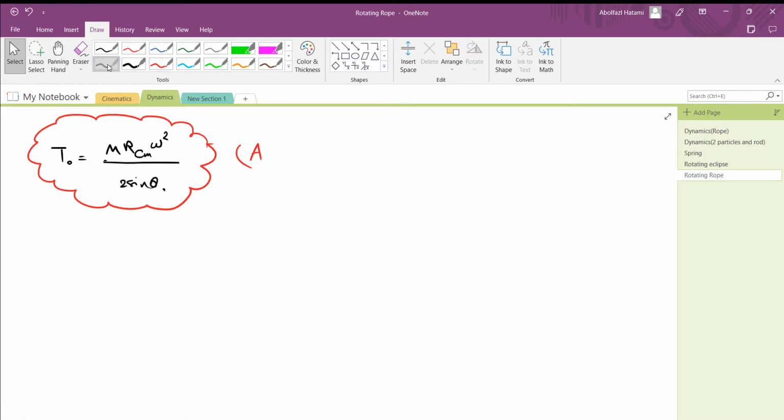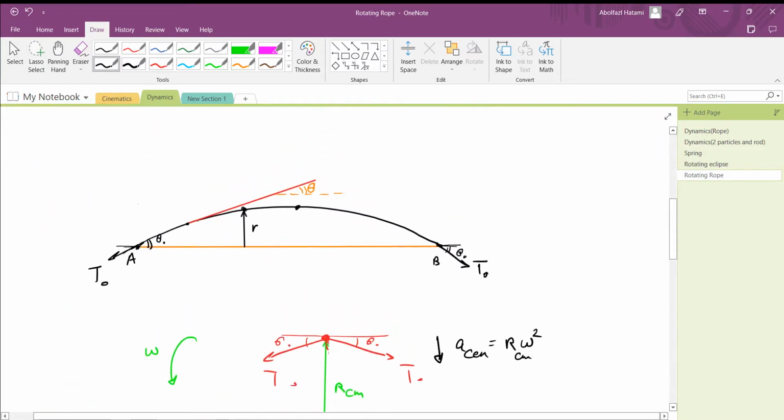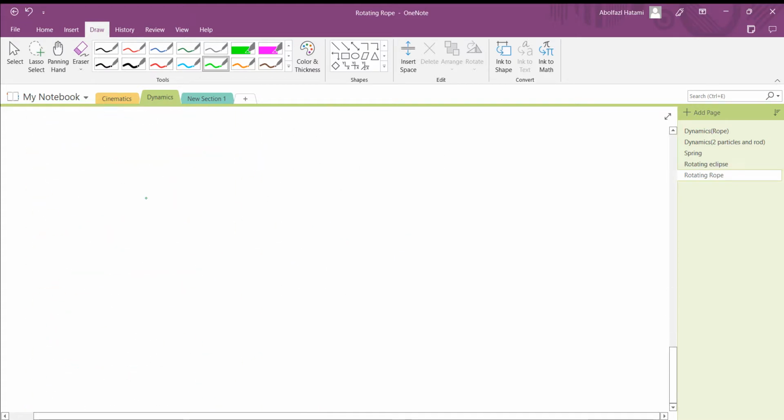You can, for example, consider this small part of the rope. Let me change the color, for example, green. Take this small part of the rope. If we zoom in on this part of the rope, we will see something like this.